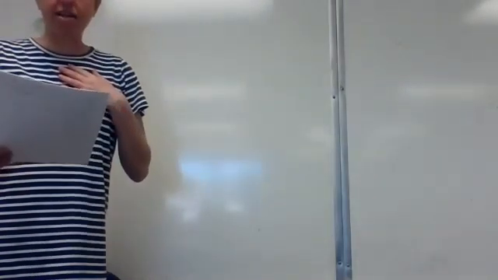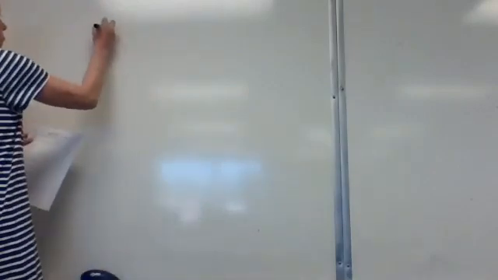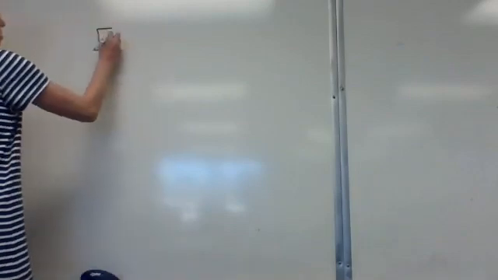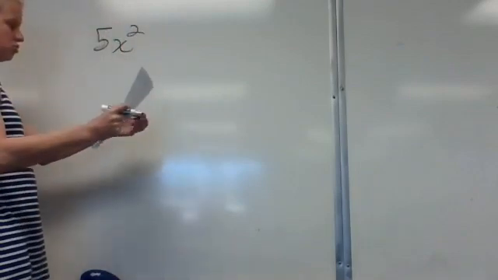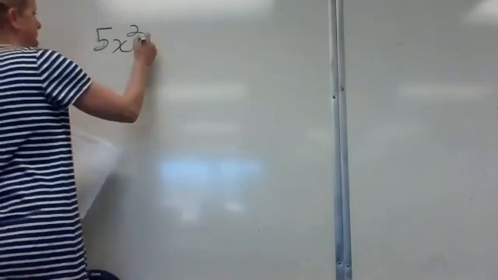Like on number 1, it says decide which is the correct factored form of the given polynomial. Five x squared minus 14x minus 3.